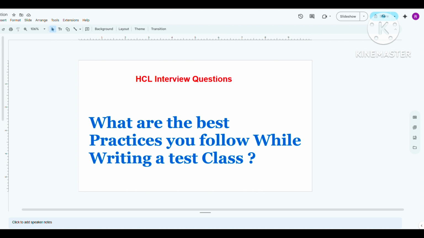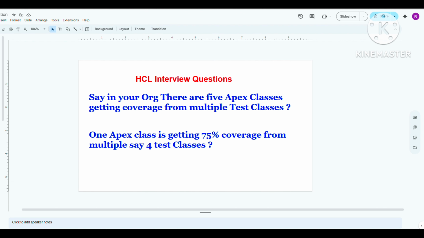Then I was asked what are the best practices that I follow while writing a test class. So I explained about it. Then there was one follow-up question: say in your org there are five Apex handler classes, and those classes are getting coverage from multiple test classes.